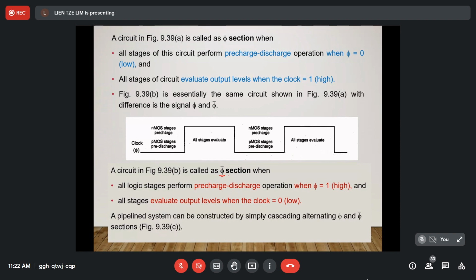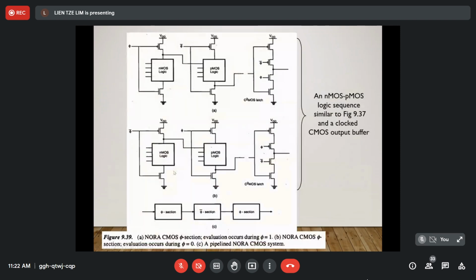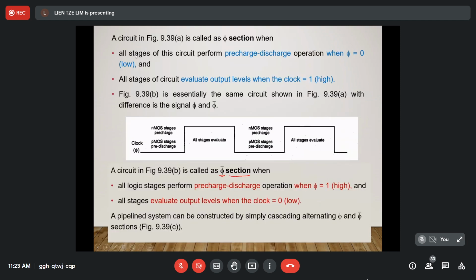So for figure 9.39b, the difference is only this: the clock signal that is input to the PMOS. And then the sections we also call differently.